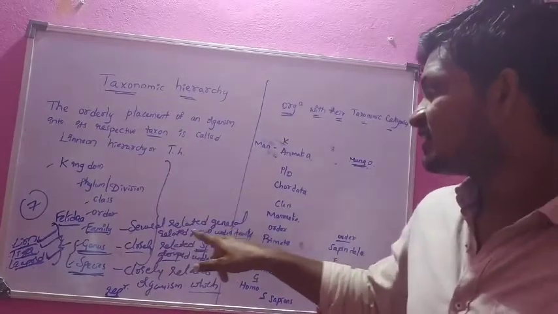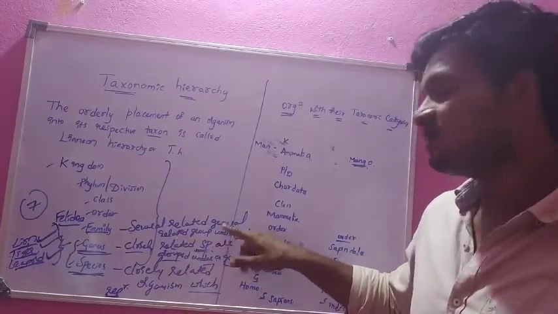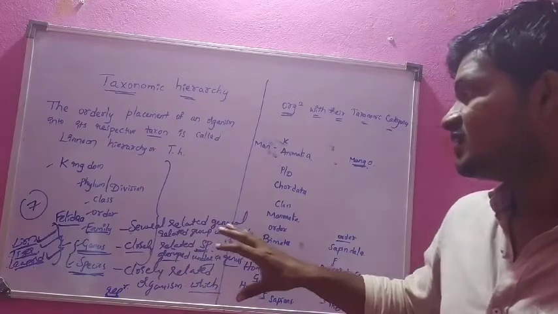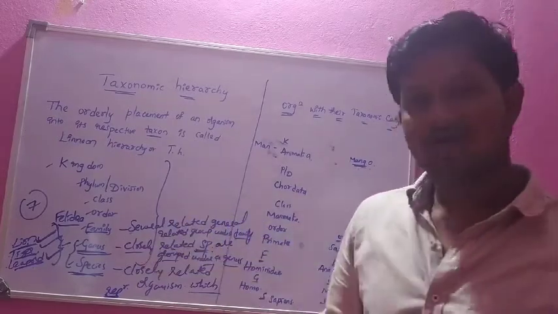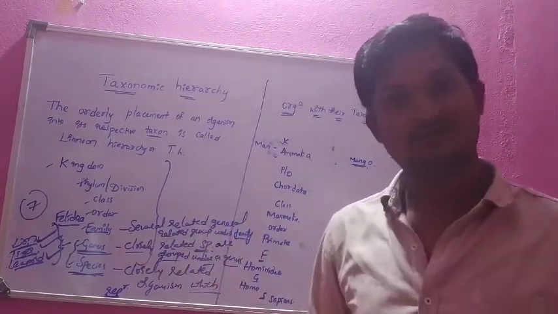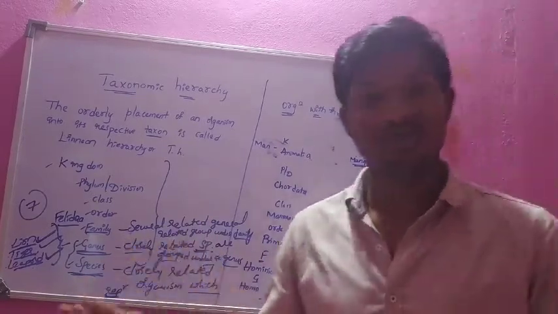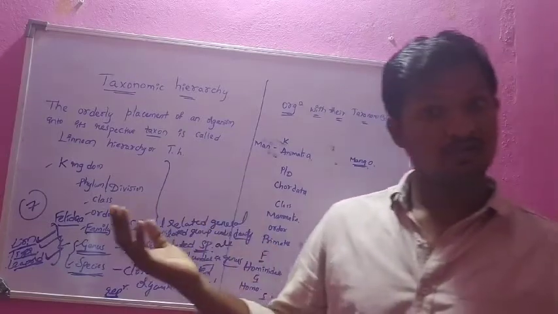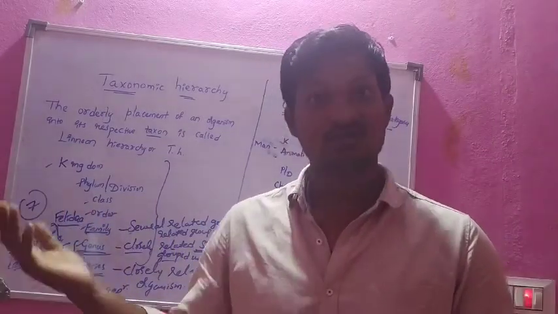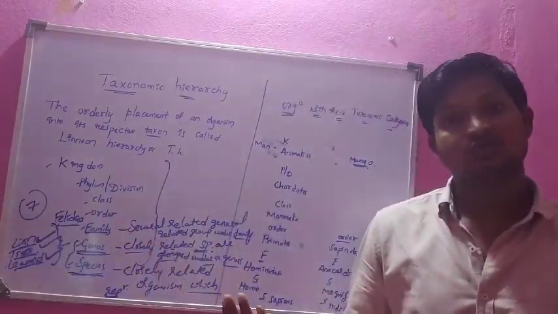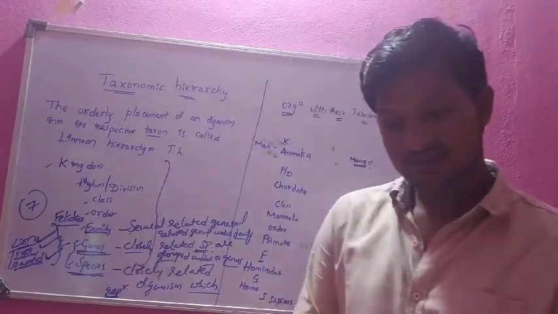Several closely related genera are grouped under a family, which means that related organisms are grouped under the same family. In plants also, like the Solanaceae family, Datura plant and tomato plant come under the same family, that is the Solanaceae family.